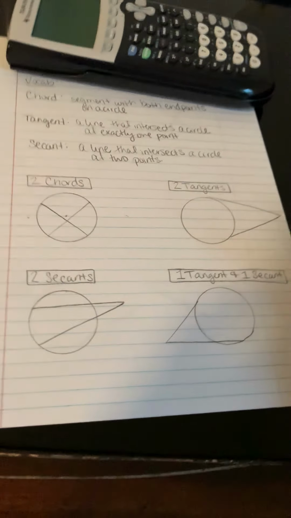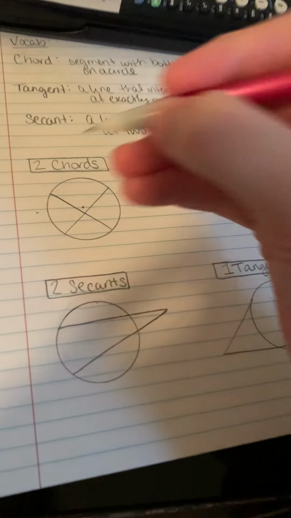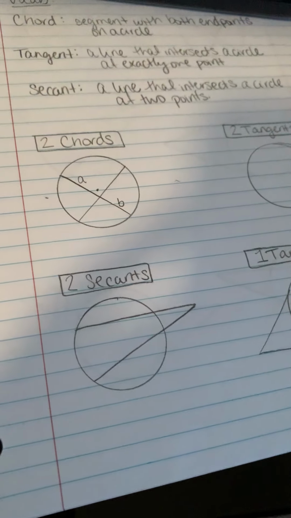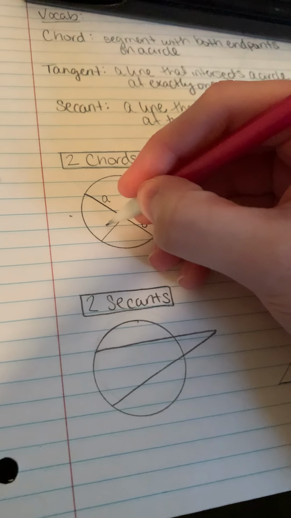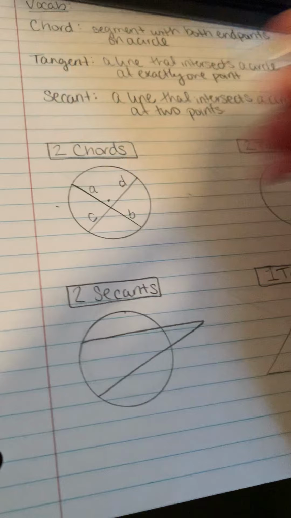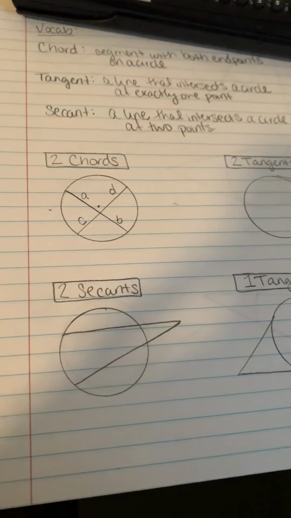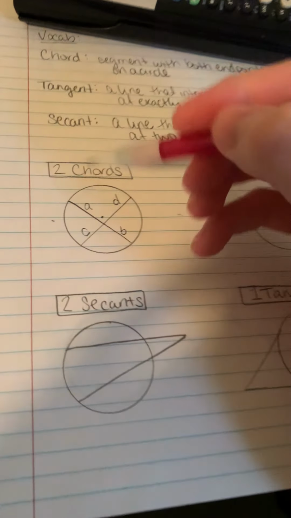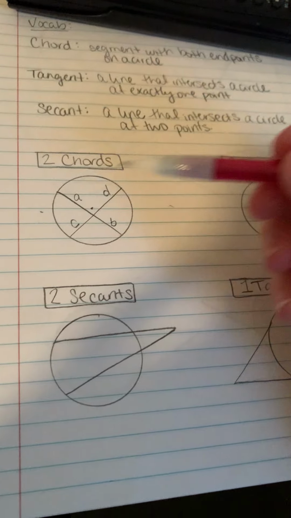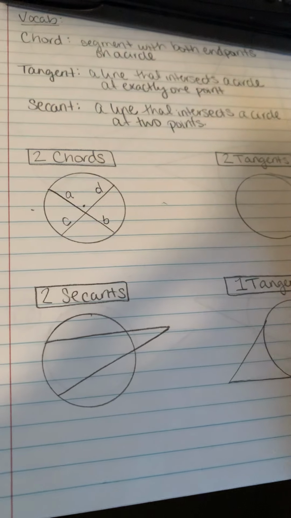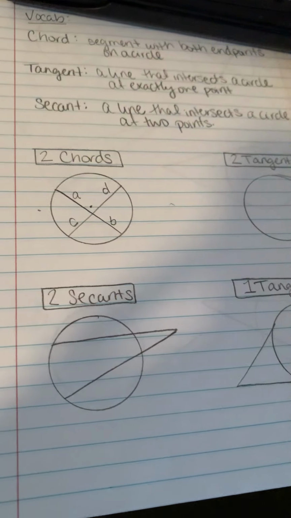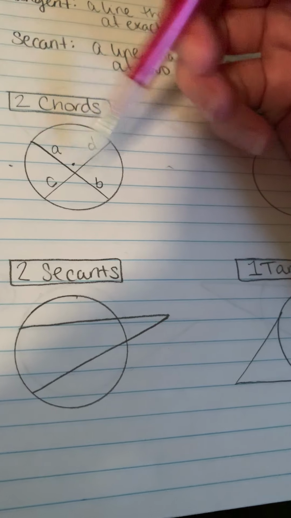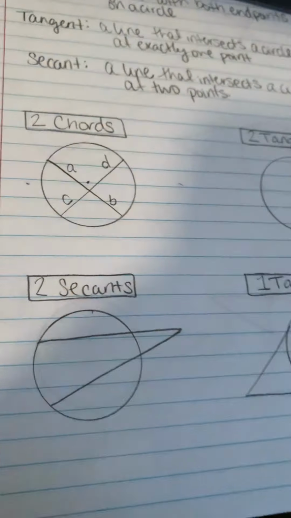Okay, so I'm going to go ahead and label these chords. So this is going to be A, this will be B, this is going to be C, and this will be D. It doesn't matter which section is lettered what, in the sense that you could pick anything, but it does matter which ones go together. So A and B are obviously together, and C and D are together.